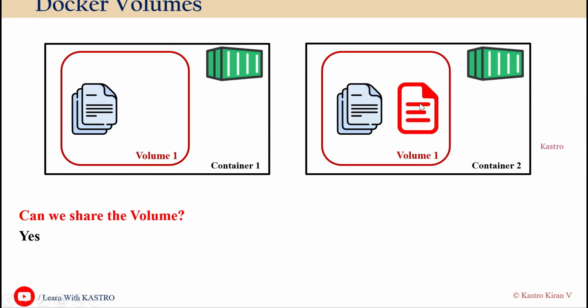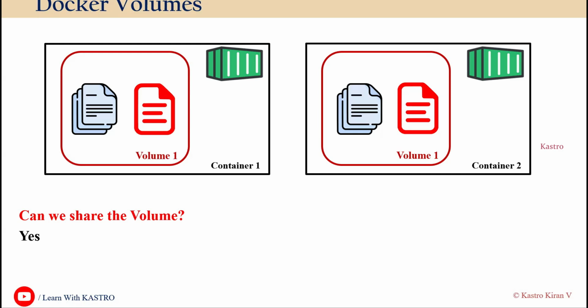Yes, we can create additional files. Let's say I have created the additional file. Where is this additional file available? It is available in container 2, volume 1. Now, will this file be available in the container 1 volume? Yes, it will be available inside the container 1 volume.